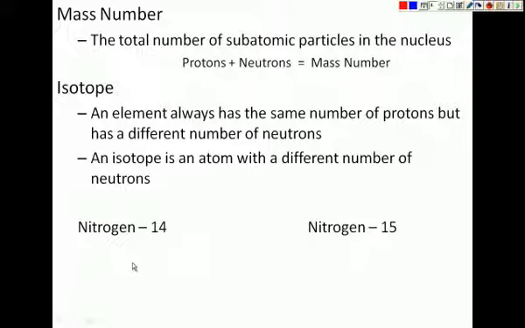Let's take a look right here at two different isotopes. We have one which is nitrogen 14 and another one which is called nitrogen 15. So what this means is that nitrogen, and the symbol for nitrogen is N, has a mass number that is 14, and it has an atomic number that is 7. So this is mass number and this is atomic number.